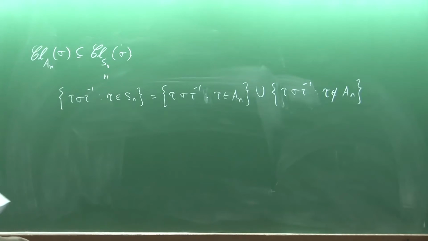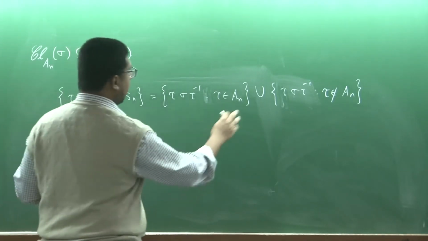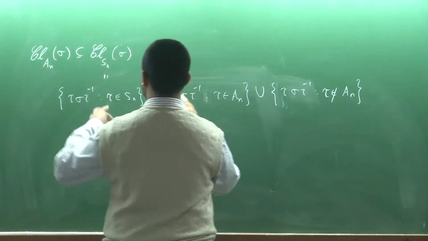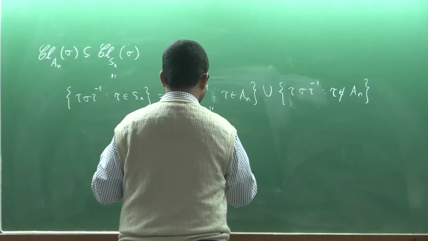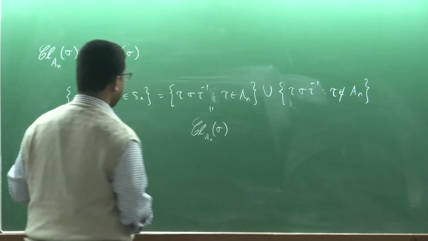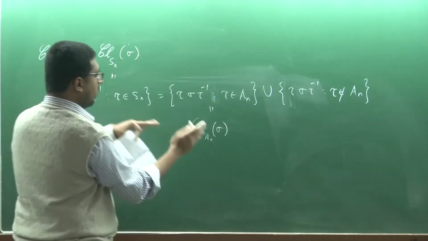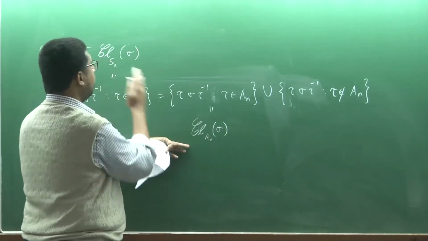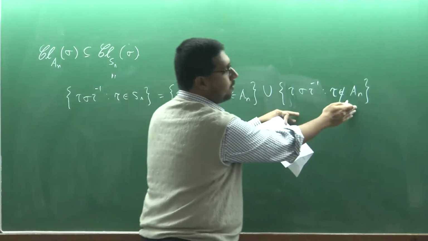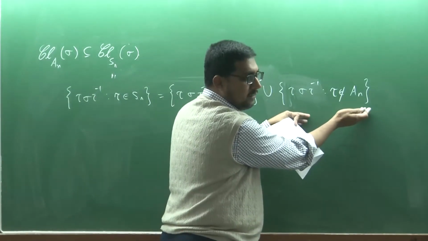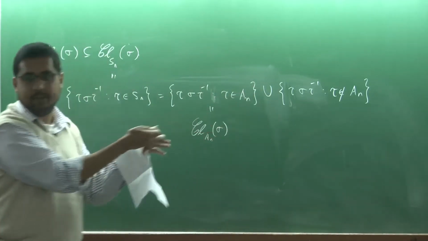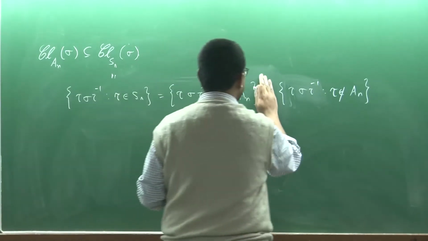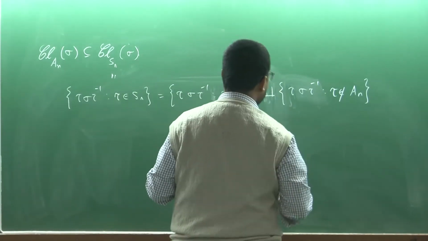As I said, this will be disjoint because of the following. So this is written as a union of this and that, and this is exactly half the length. Therefore this must be the rest half, and there cannot be any overlap, so this union must be a disjoint union.